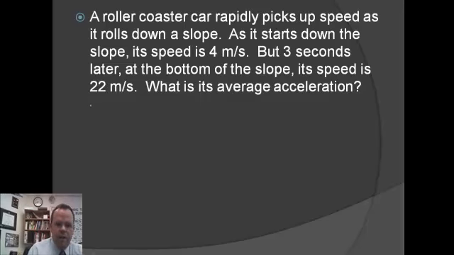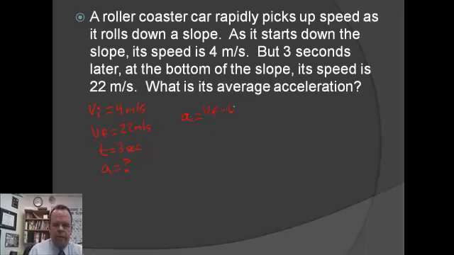So let's write out the information we know. Meters per second, that's a speed or velocity. That's the starting speed or velocity, so we call it VI. The final speed or velocity is 22 meters per second. The time is 3 seconds, and we're looking for the acceleration. Next, I would write the formula.